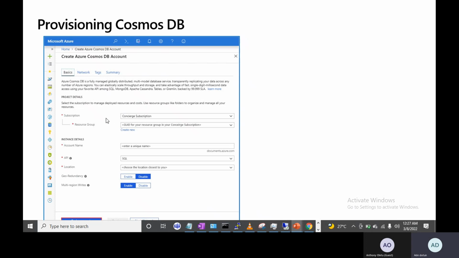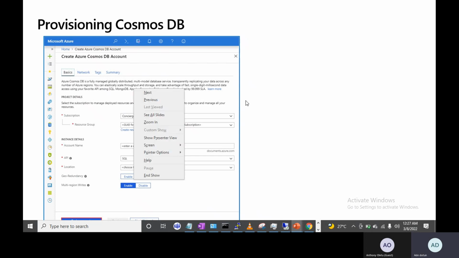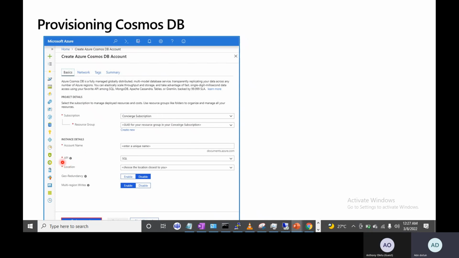Look at the subscription, look at the resource group, enter a unique name, and then an API call. The choice is SQL. And choose location, enable and so on. So we've done this one anyway. I was just trying to call your attention to the API call.